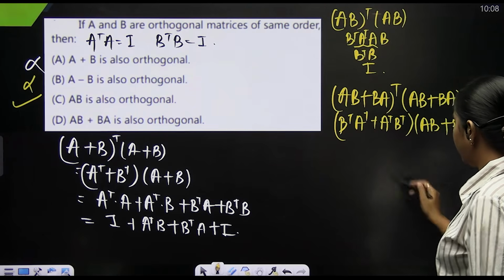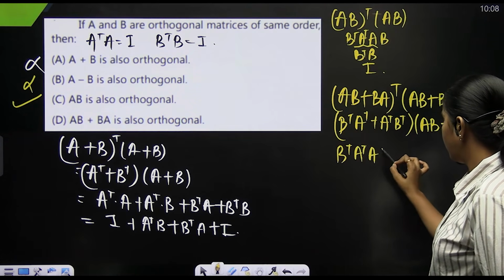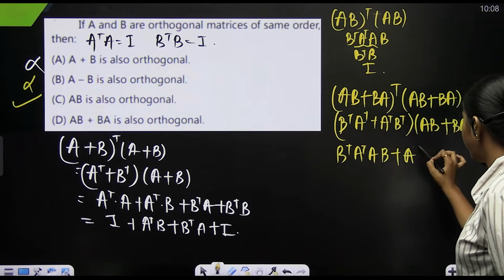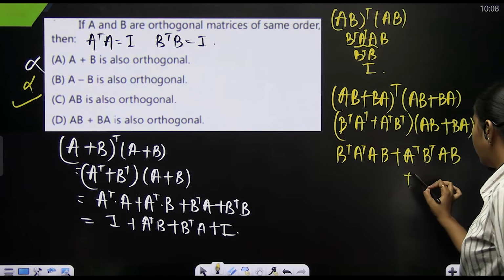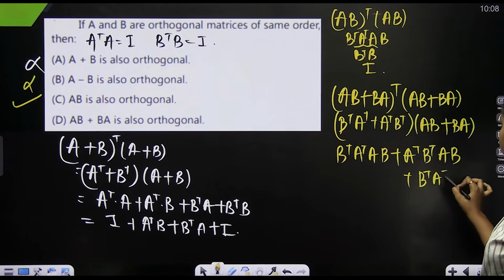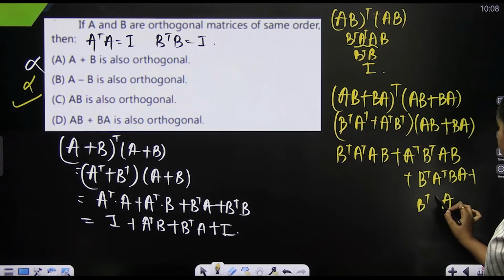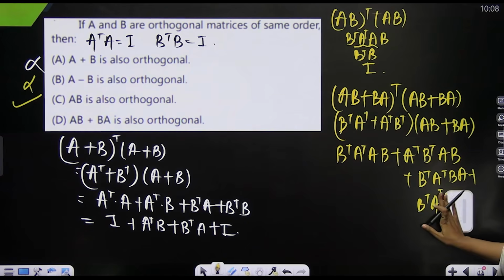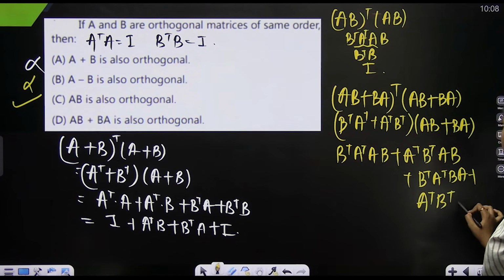Let's multiply: B transpose A transpose AB, then A transpose B transpose AB, then B transpose A transpose BA, and then the last term, A transpose B transpose BA.